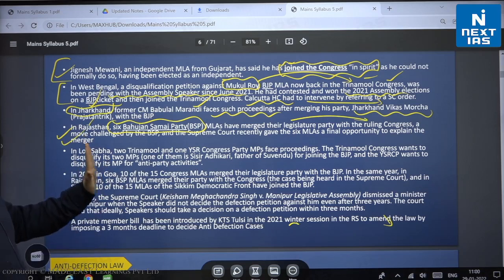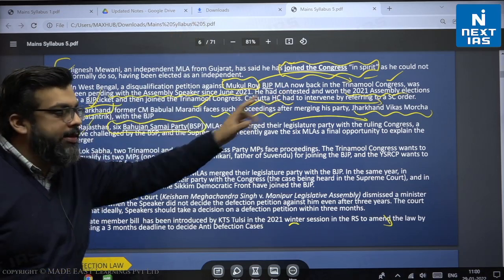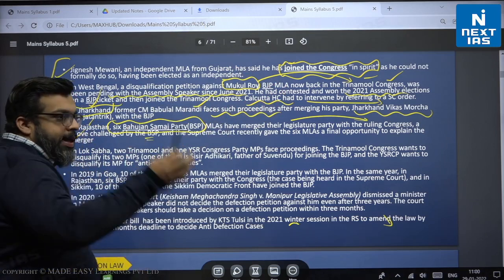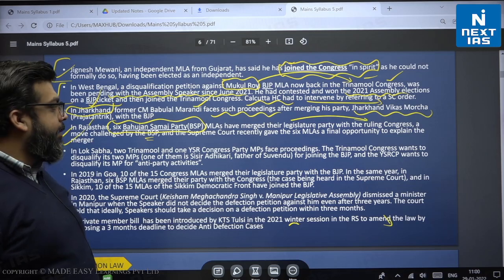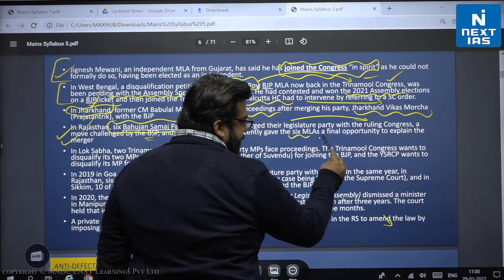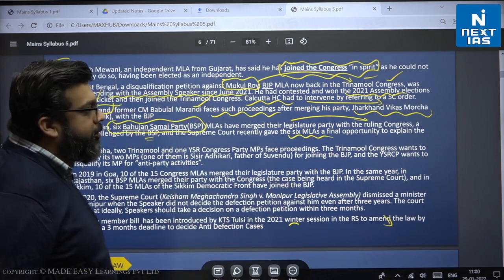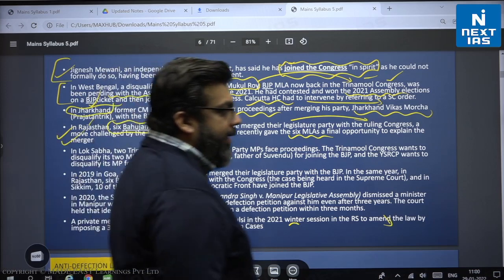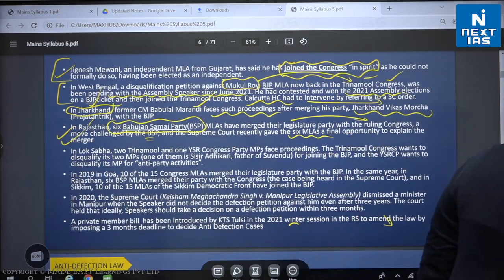That means BSP has been merged with Congress in Rajasthan, right? This of course has been challenged by the BJP higher command, asking how could you do this, and the Supreme Court has given the 6 MLAs a final opportunity to explain why this was done, why this was the case, and so on and so forth, right?